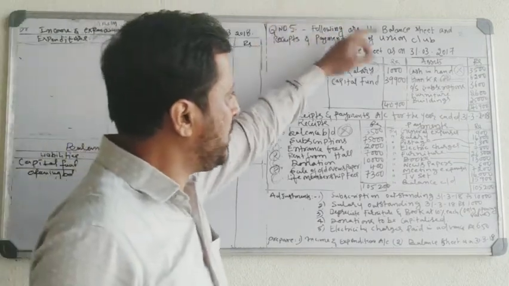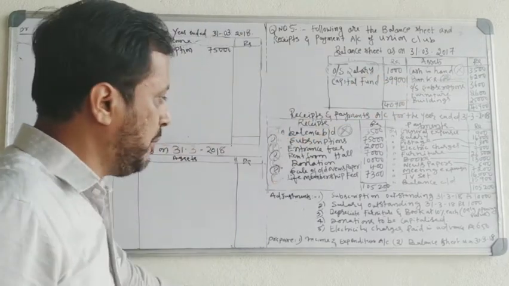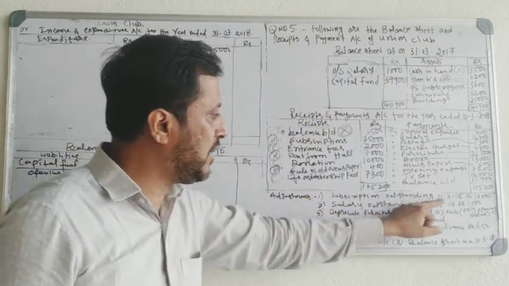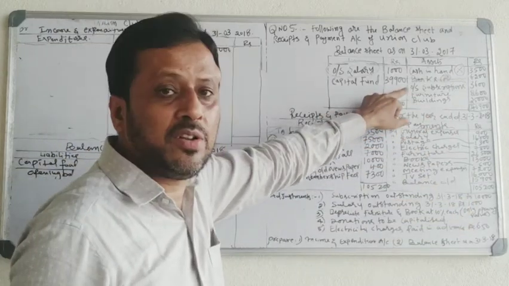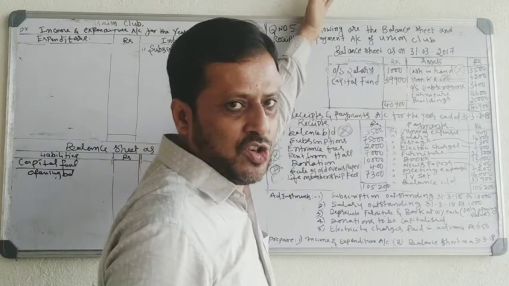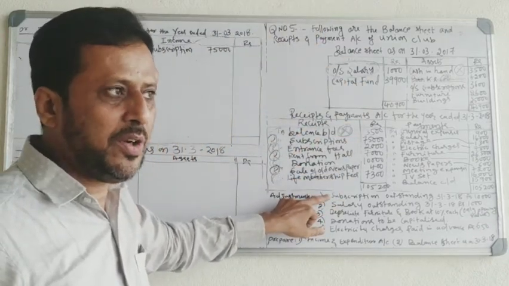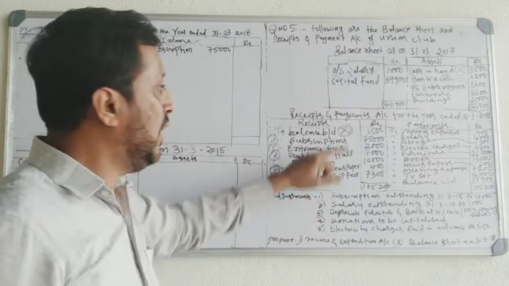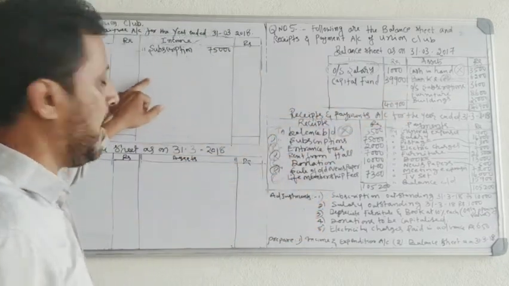See the old balance sheet. Outstanding subscription is given. See the adjustment. Subscription outstanding on 31/3/18 is given. Outstanding subscription given in the balance sheet is last year. Outstanding subscription given in the adjustment is current year outstanding. Last year outstanding you have to deduct. Current year outstanding you have to add.